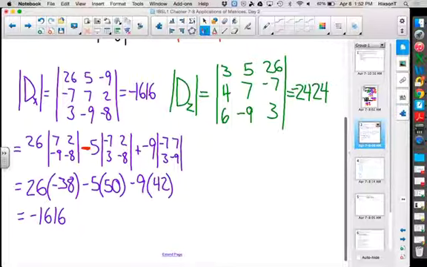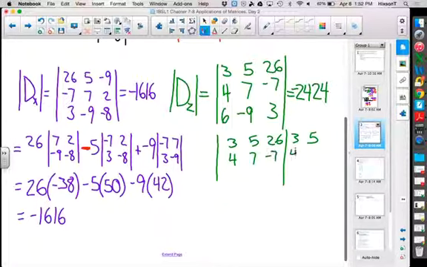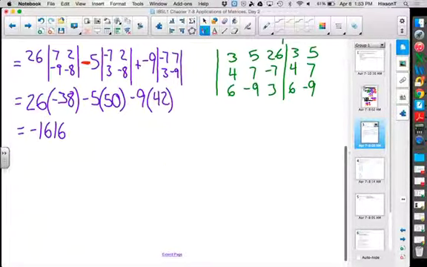Alright, so there's D sub z, doing it the other way. 3, 5, 26. And I'll copy the 3 and the 5. 4, 7, negative 7. I'll copy the 4 and the 7. And then 6, negative 9, 3. I'll copy the 6 and the negative 9. And then remember, you add the forward diagonals.